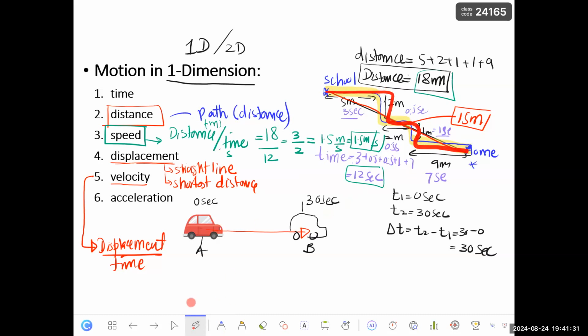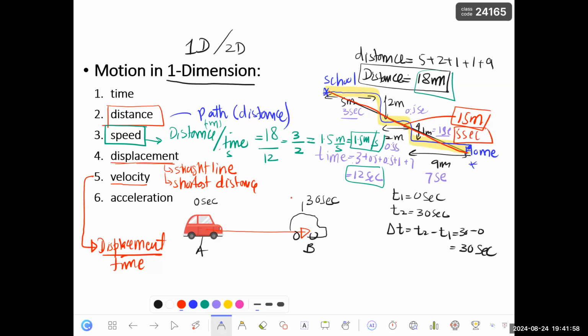But if you want to fly, you just fly straight. When you fly straight in a straight line, the displacement would be 15 meters. And from here to there it took you some time. Let's suppose it's 5 seconds. So it took you 15 meters and 5 seconds to travel.